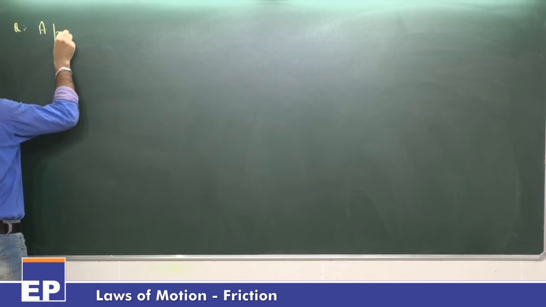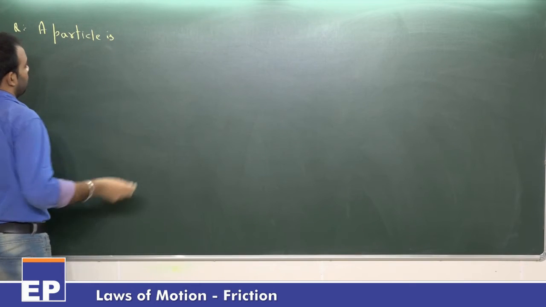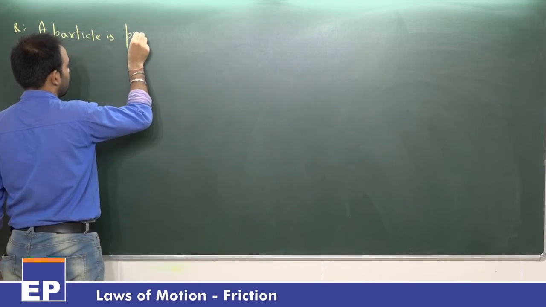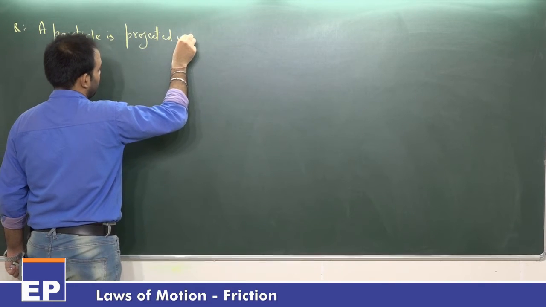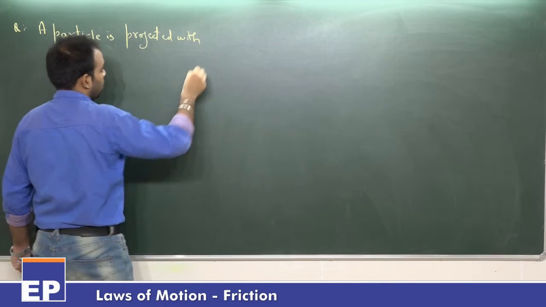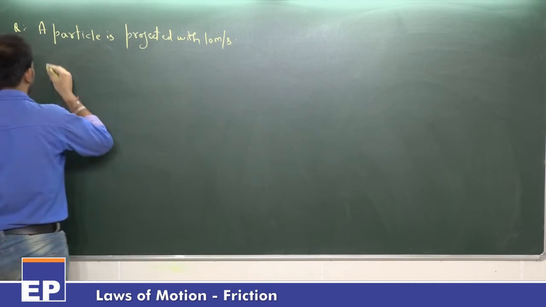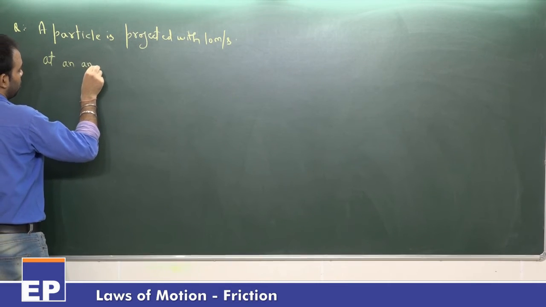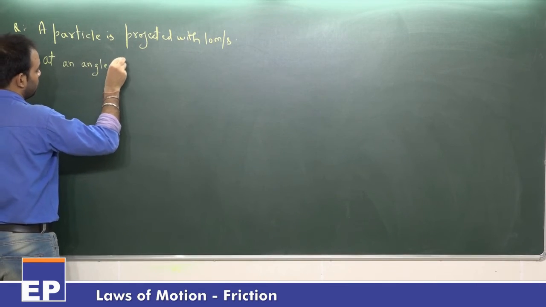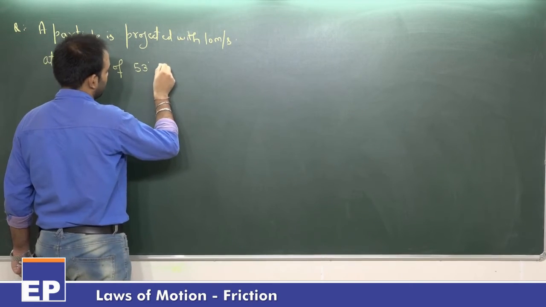A particle is projected with 10 meter per second at an angle of 53 degree from horizontal.